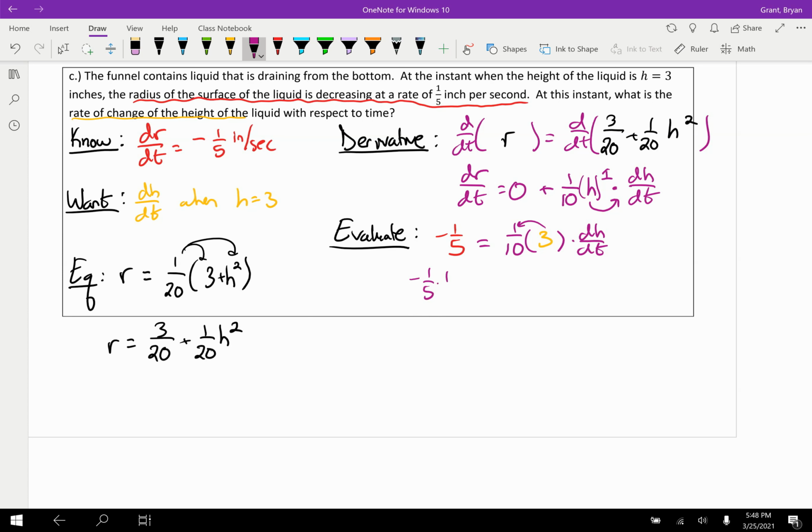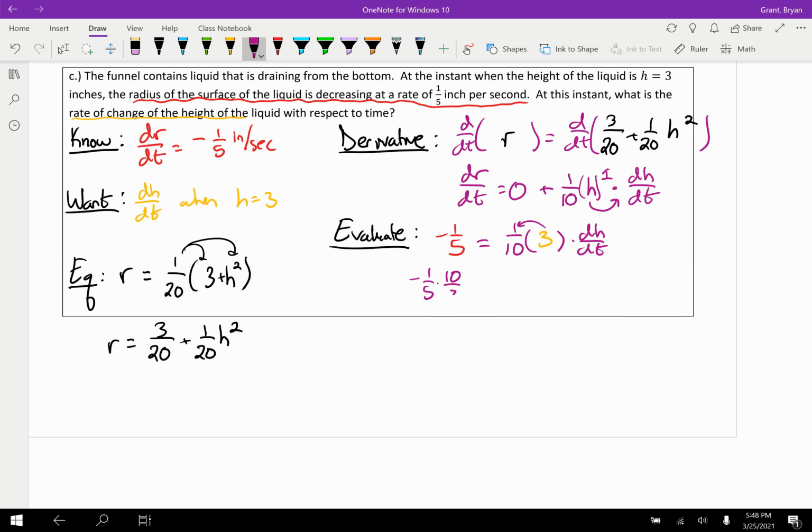So negative 1/5 times 10/3 will equal dh/dt, which tells us that dh/dt, through some clever cross-reducing, is negative 2/3. Don't forget your units, but those should be pretty easy because we just say dh, the change in height, we know that's in inches. dt, we know that's in seconds.